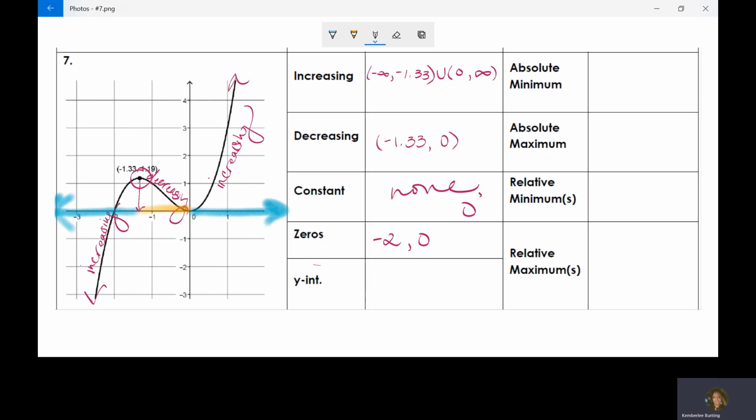Say it again, Marion. 0. Marion, why is it 0? Because it's kissing the x-axis. Right? It's kissing the x-axis right here. Is it kissing it at -2? So there wouldn't be multiplicity there, right?